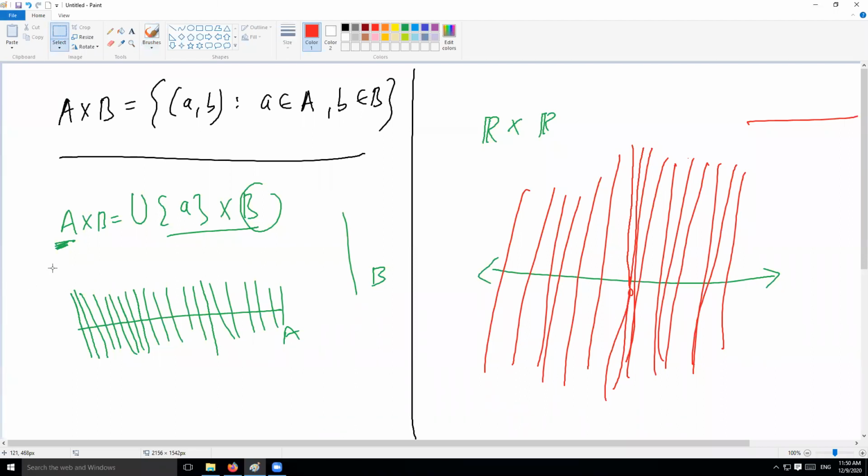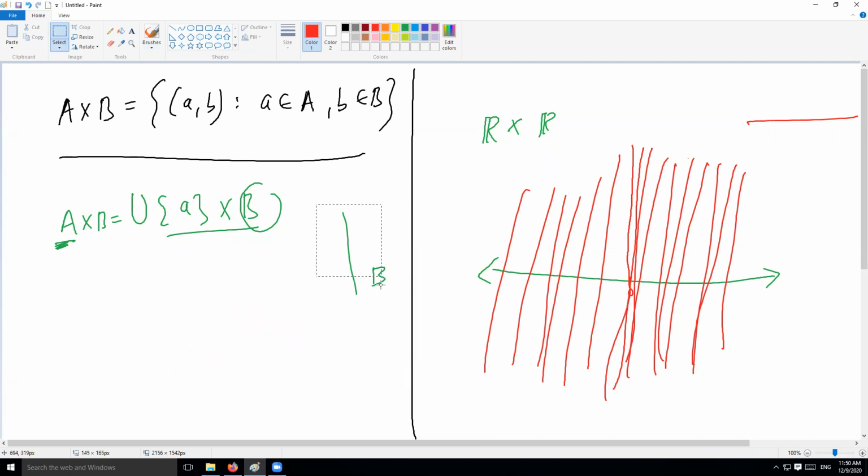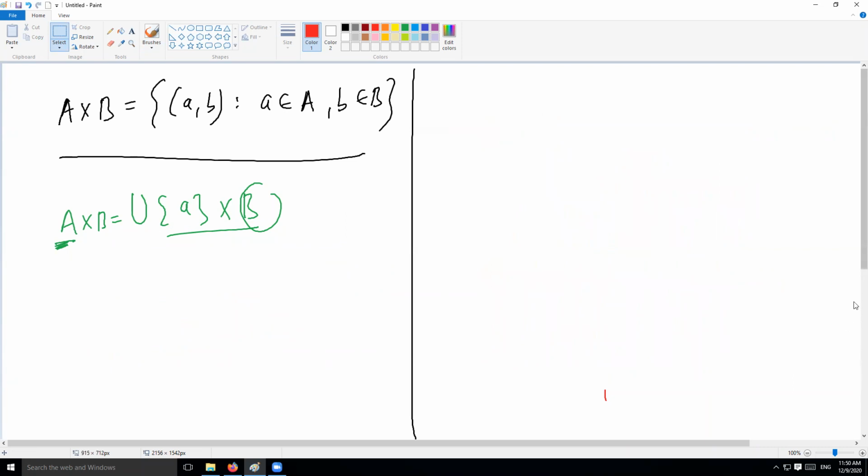So let's try to make sense of it first for this simple case. Let's visualize it: I have one set, say A, and I have another set which is vertical.